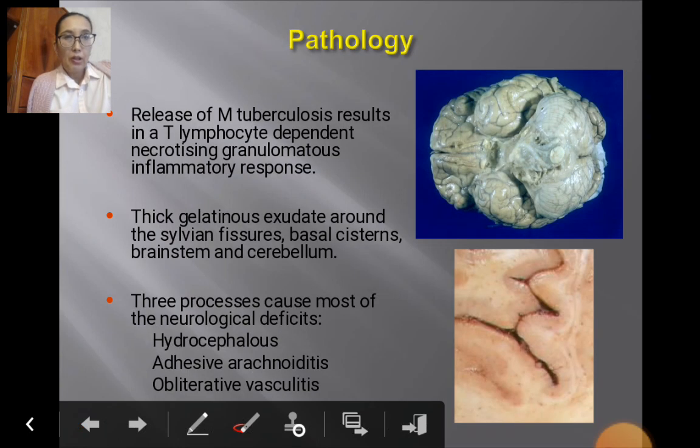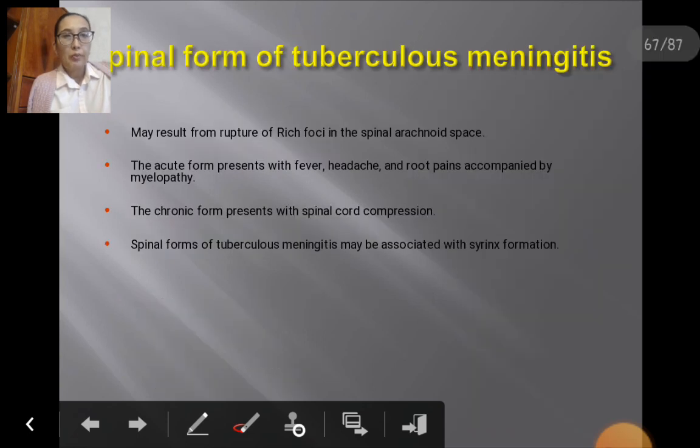In pathology, release of Mycobacterium tuberculosis results in a T-lymphocyte dependent necrotizing granulomatous inflammatory response, with hydrocephalus, adhesive arachnoiditis, and obliterative vasculitis.